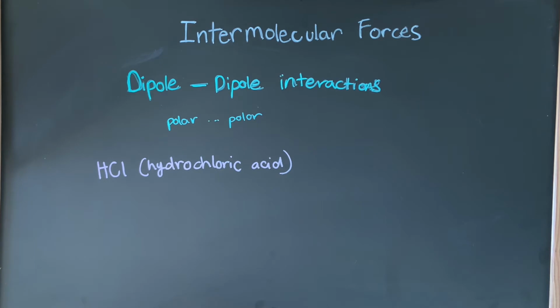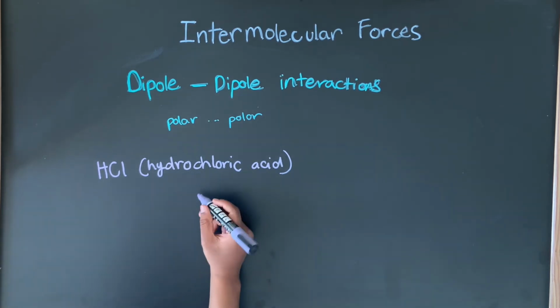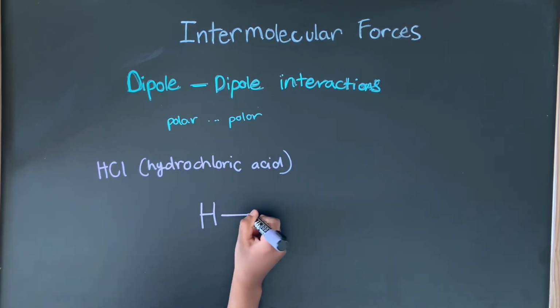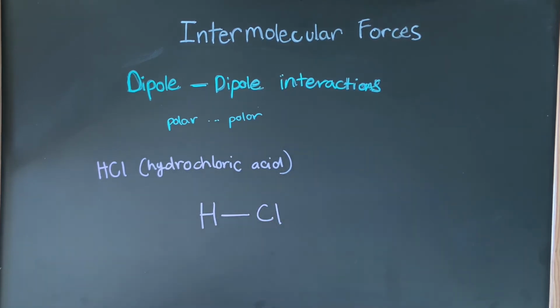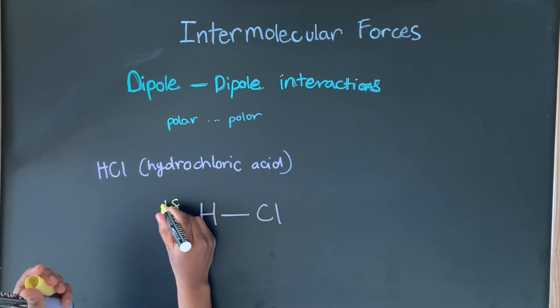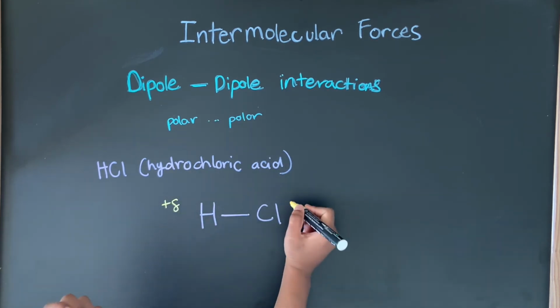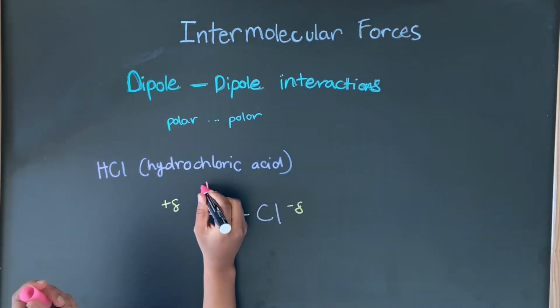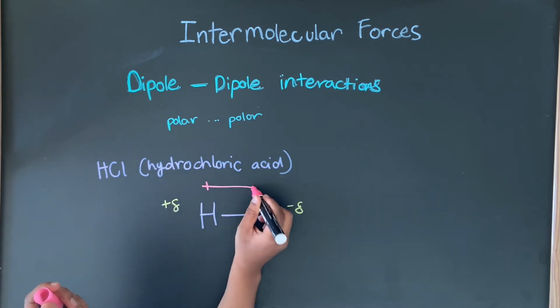And hydrochloric acid has a dipole moment, and that looks like this. This is the hydrogen atom, which is bonded with the chlorine atom, and hydrogen has a slightly positive charge, and chlorine has a slightly negative charge. So the dipole moment can be represented like this.